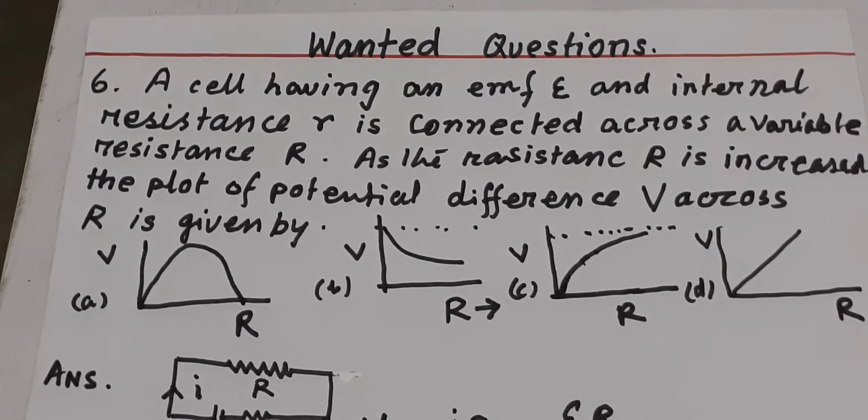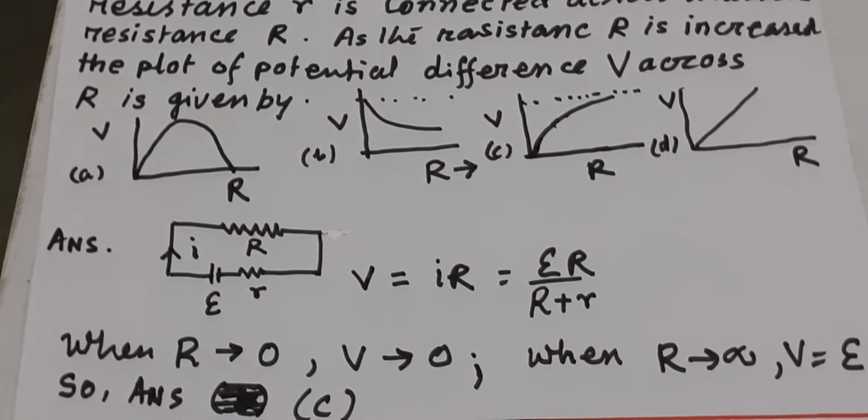For a circuit diagram, which is very simple, one battery, internal resistance of the battery small r and big R is the resistance in the series. Now current I will be E divided by R plus r, and potential drop across the R will be IR. That means V equals ER divided by R plus r. Here R is the variable.